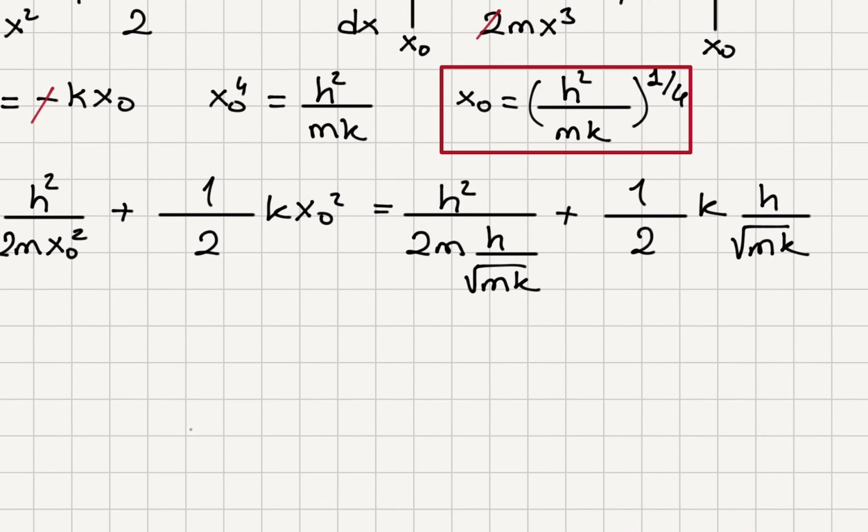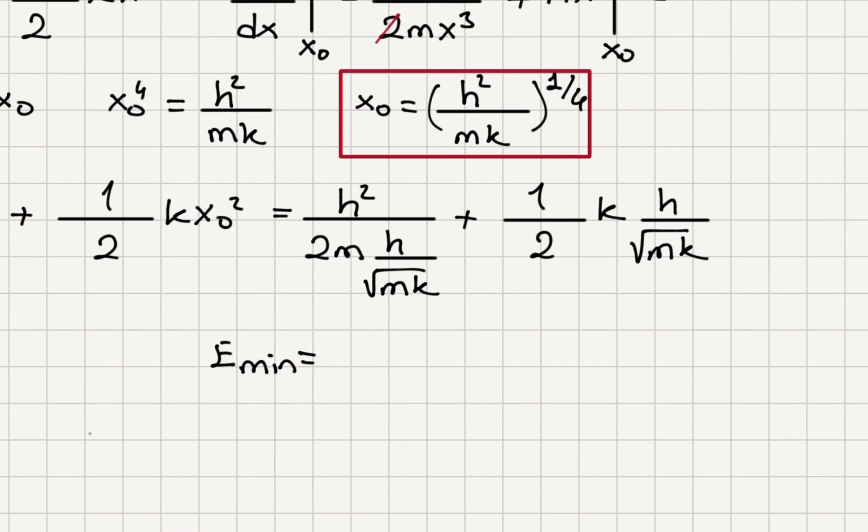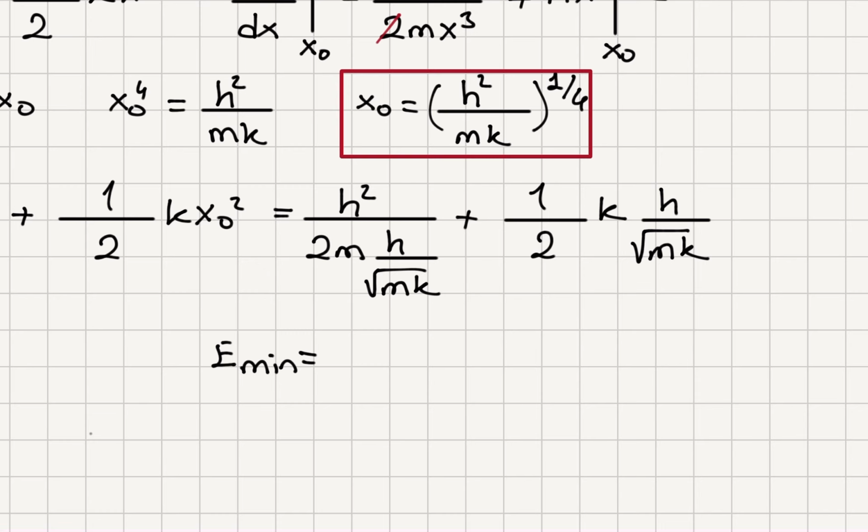So this will give us a minimum energy. Now you can see here we have m and square root m, so this is going to become square root m on top. Let's cancel out one of the h's. We will have h/2 times square root mk over m, which gives square root of k over m.